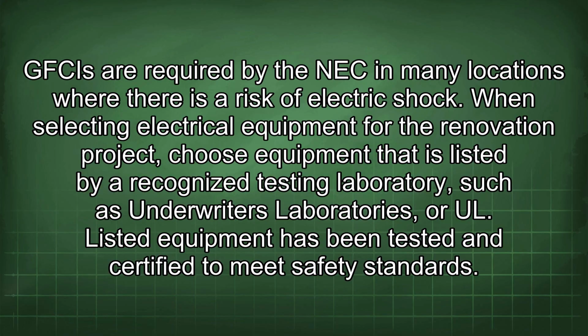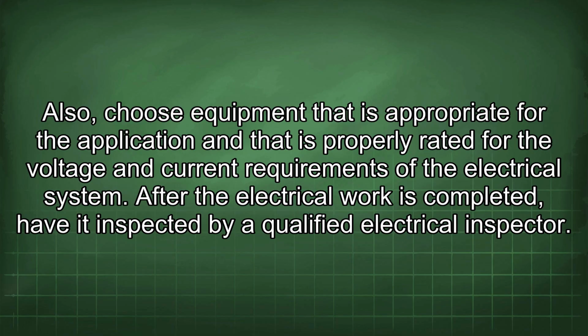When selecting electrical equipment for the renovation project, choose equipment that is listed by a recognized testing laboratory, such as Underwriters Laboratories, or UL. Listed equipment has been tested and certified to meet safety standards. Also, choose equipment that is appropriate for the application and that is properly rated for the voltage and current requirements of the electrical system.